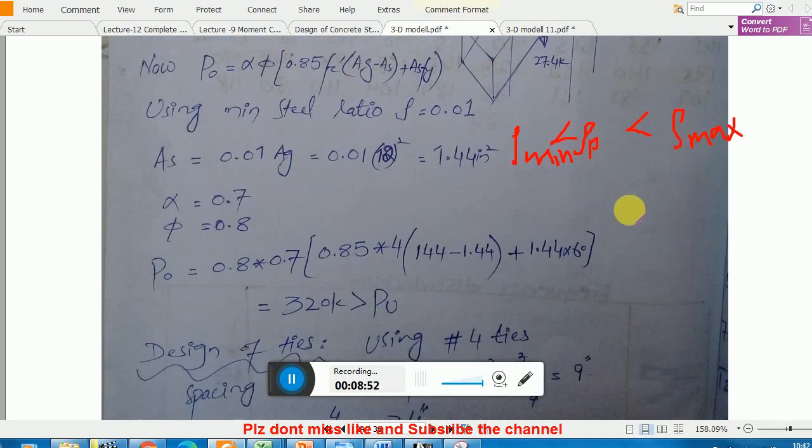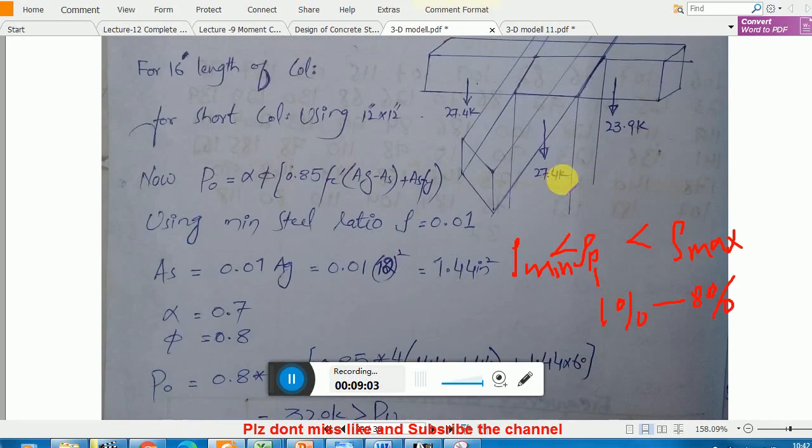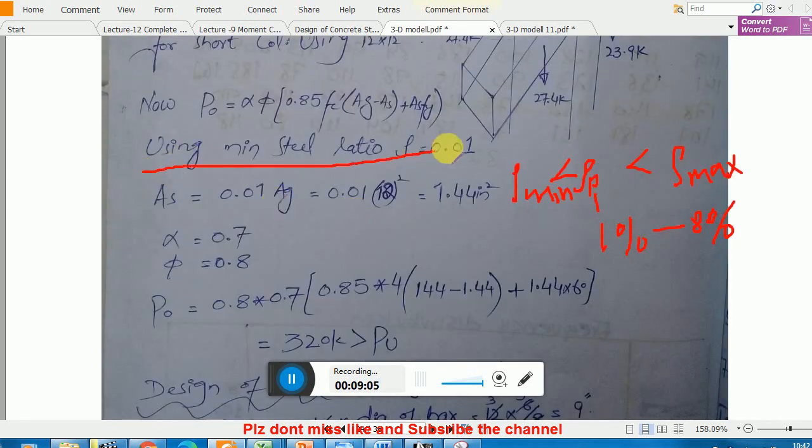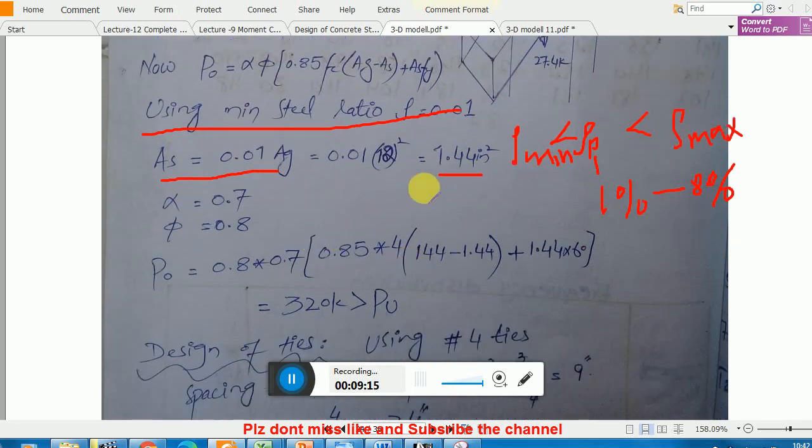Now this is ductility, and you see we provide rho provided from 1% to 8%. This is a limitation, because if you increase the percentage of steel, this may cause congestion in the column. So we are using the steel ratio 0.01, and you see AS will be 0.01 of AG, and it gave me 1.44.